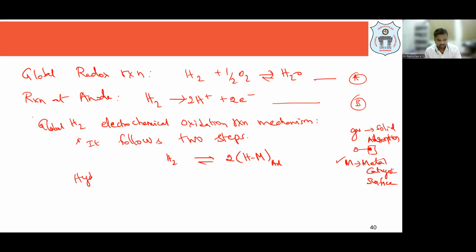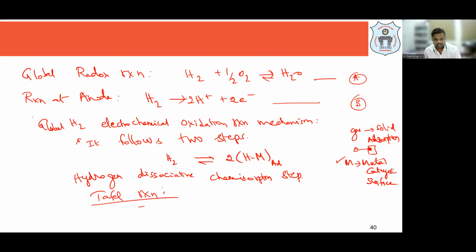Hydrogen dissociative chemisorption step, or it is called the Tafel reaction. So what is happening in this Tafel reaction? H2 is getting into HM, right?